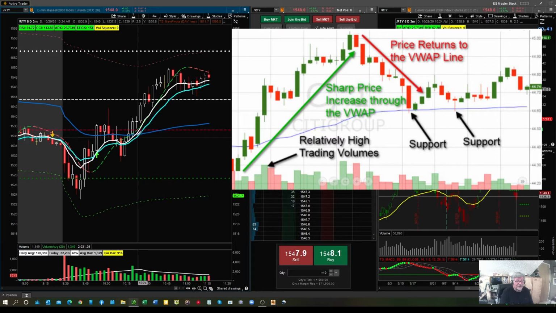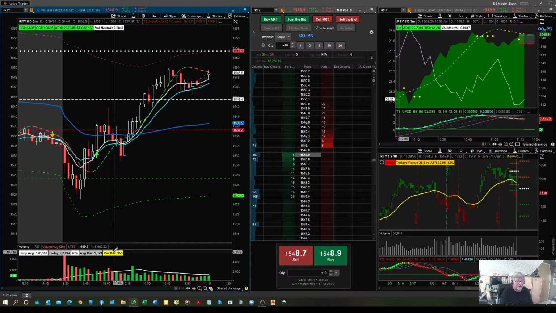So when you get to the VWAP, if price comes down to it or up to it, you want to pay attention to this little label right here to see if it's green, which tells you that either there's a selling situation going on or a major buying situation where volume is coming in on either side.